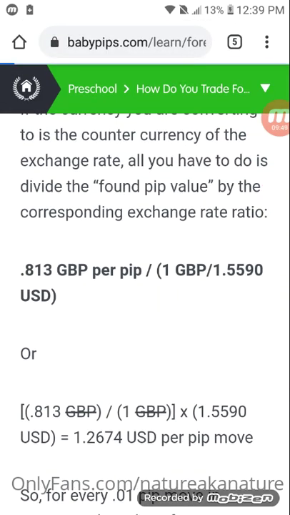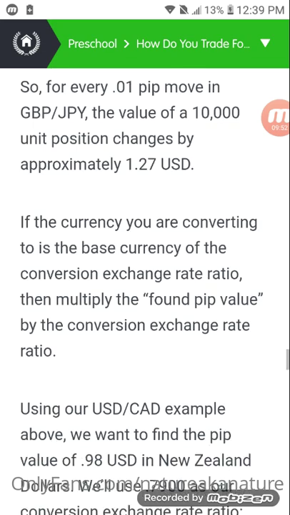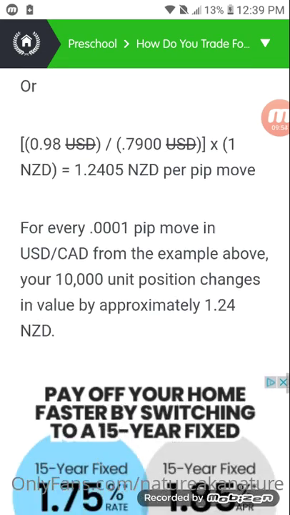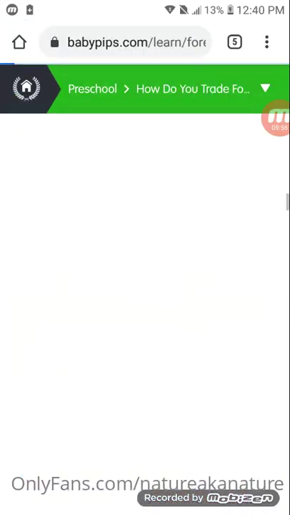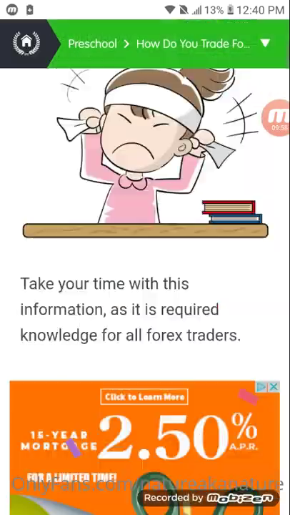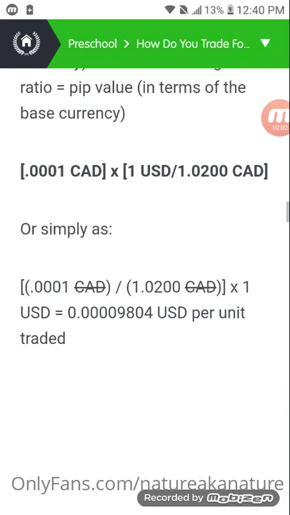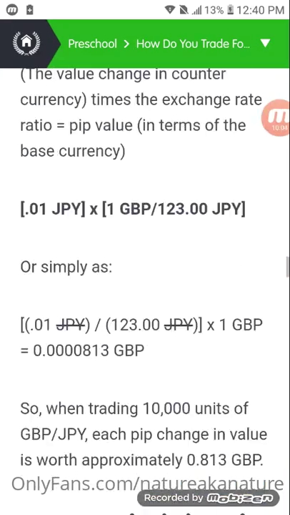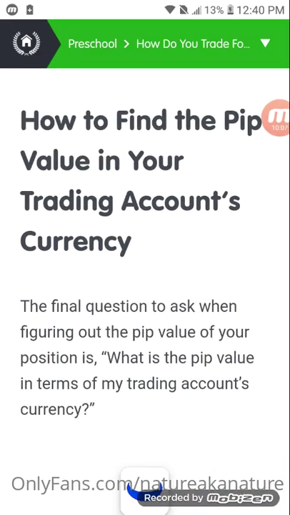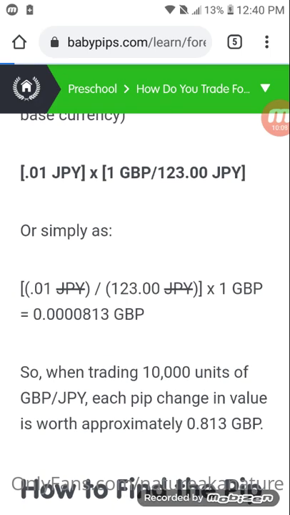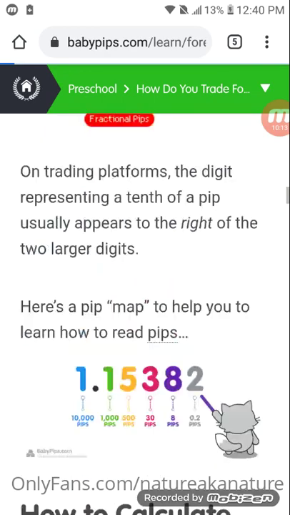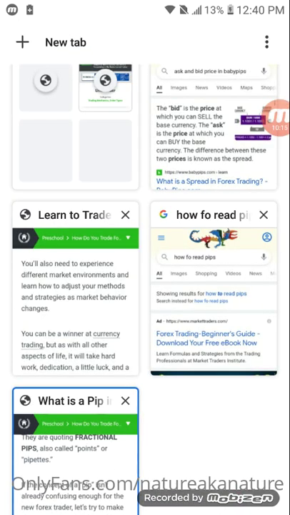I'm trying to find a good example of how to read pips. That's what I really want to teach you: how to read pips and how to trade pips. If you want the calculation, they do all the calculations for you as far as your profits. I'll go over it real fast, but it's not that important to understanding how to read the pips.